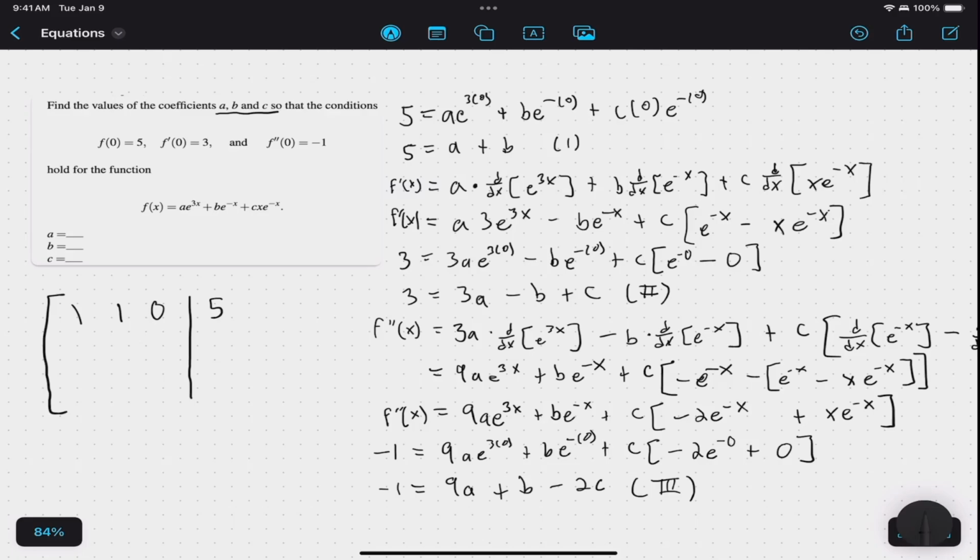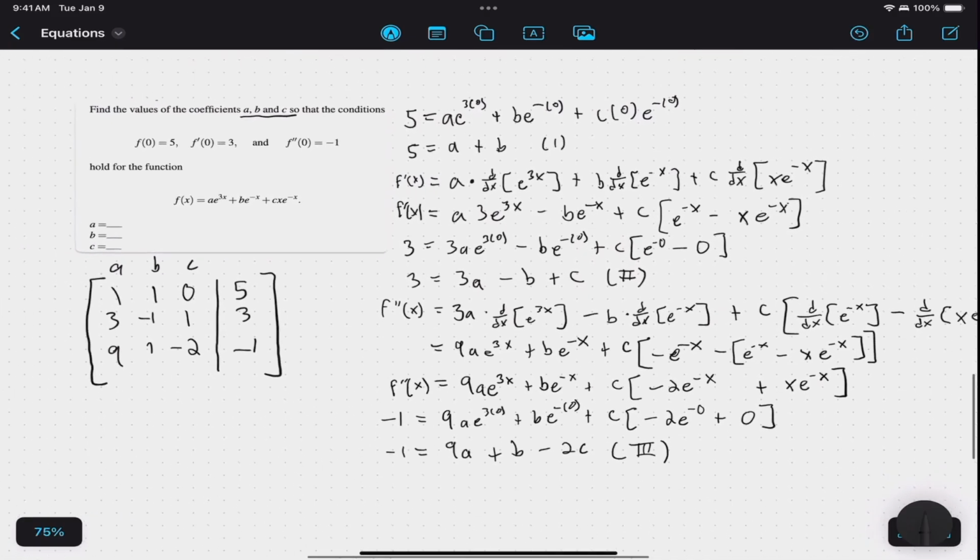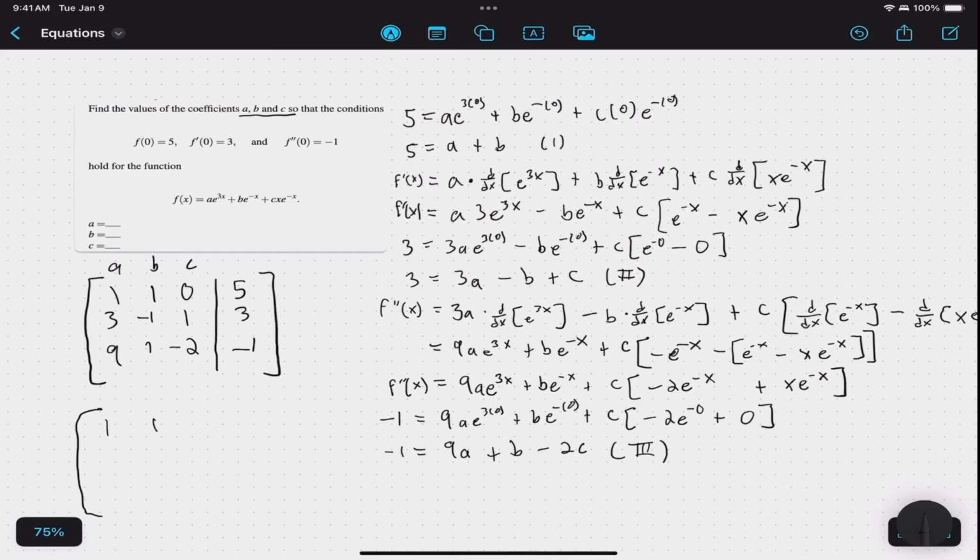For the second equation, we have 3a's, negative 1b, 1c, and that's 3. And for the third equation, 9a, 1b, negative 2c's, and that gives us negative 1. And this is our a variable, b variable, and c variable. And when we reduce it, we get this matrix.